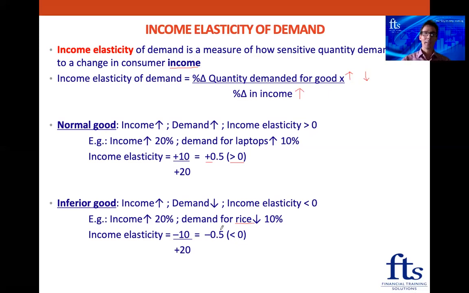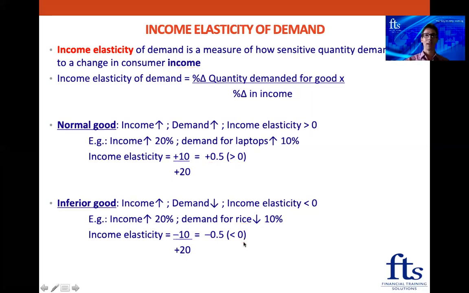So here we can see that the income has gone up here in the denominator 20%, but the demand for rice has gone down 10% in the numerator. So we've got a negative divided by a positive is a negative. So here, that's why the income elasticity for an inferior good is negative.